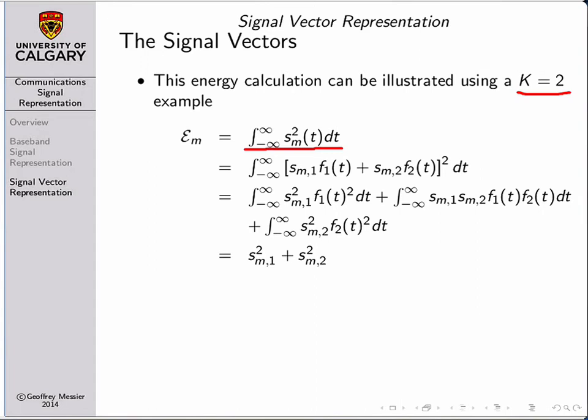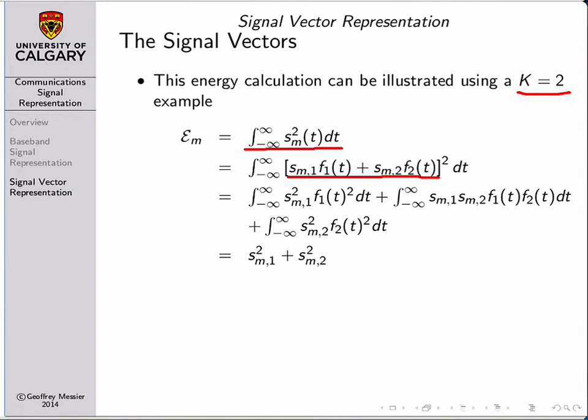Then in the second line, I substitute in the basis function equation for that signal. So we have two signals in our basis function set, F1 and F2, each multiplied by their respective weights. Then I just expand out the bracket, and we get three terms.